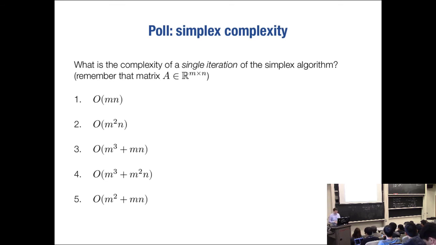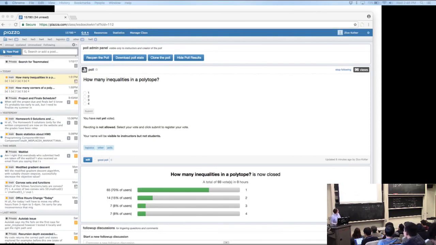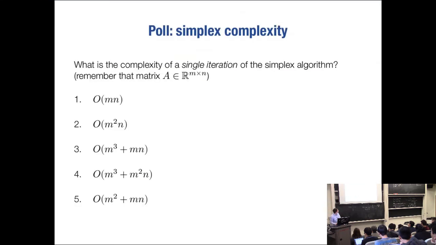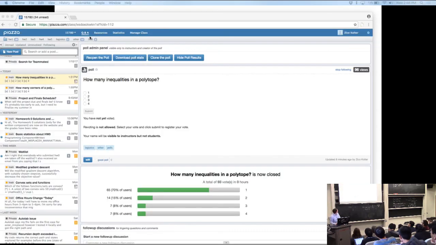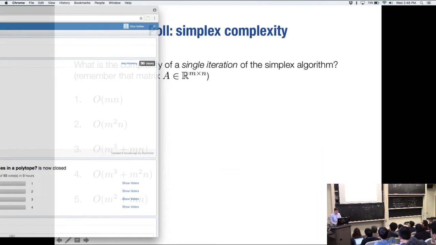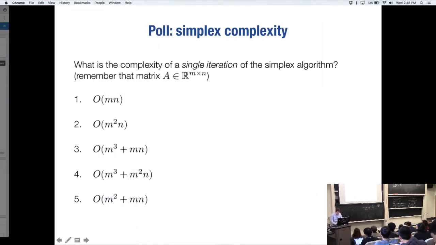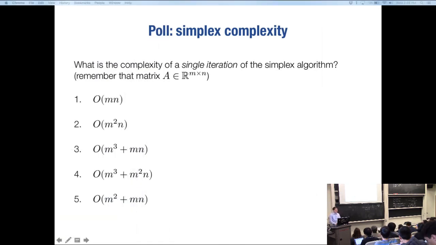Let me open up my poll here. Again, I'm going to create one. It's just going to have 4 options. Where's my cursor? I should have put an exponential one in there, but it wouldn't be very useful if each iteration was exponentially complex.